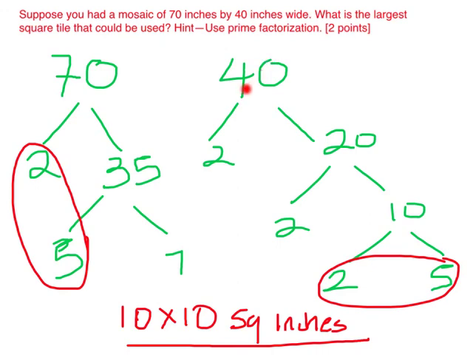What about 40? We can have 2 and 20, then 2 and 10, and then 2 and 5. We got to the bottom. So what is the greatest common factor for 70 and 40? You find it's 2 and 5, meaning you can only cut 10 by 10 square inch tiles.